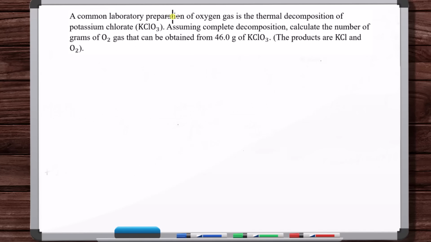A common laboratory preparation of oxygen gas is the thermal decomposition of potassium chlorate. Assuming complete decomposition, calculate the number of grams of O2 that can be obtained from 46 grams of KClO3. All right, so another thermal decomposition type of reaction.